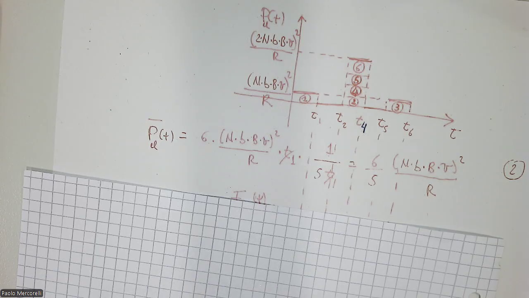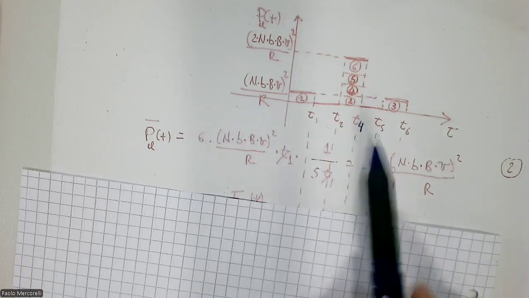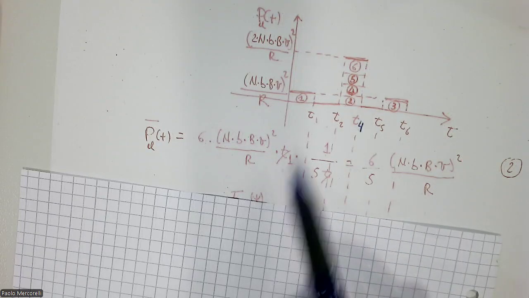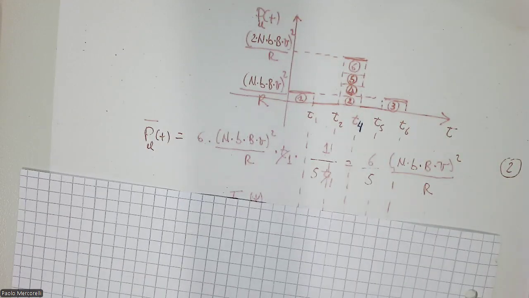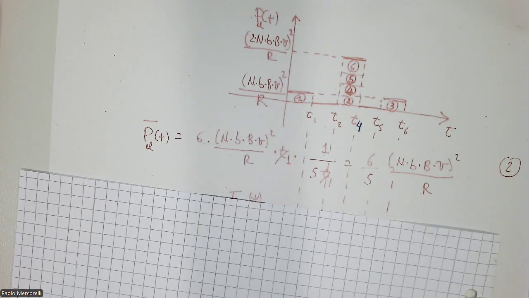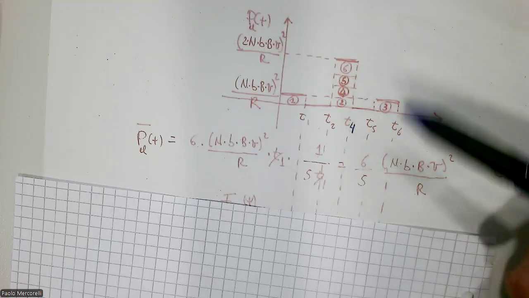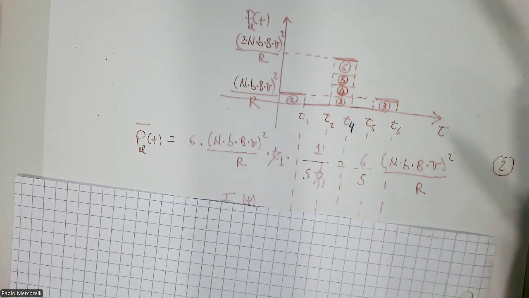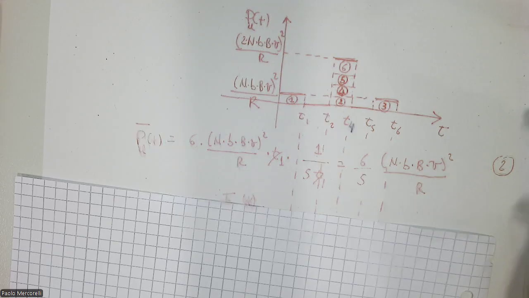I told you 3 times with the integral, but also I try to divide the surface in equal parts, let me say, unitary surfaces. And now, as before, we have also here 6 active surfaces.